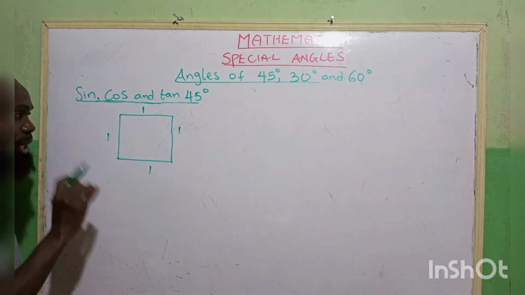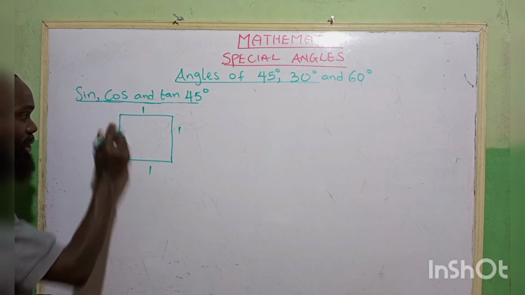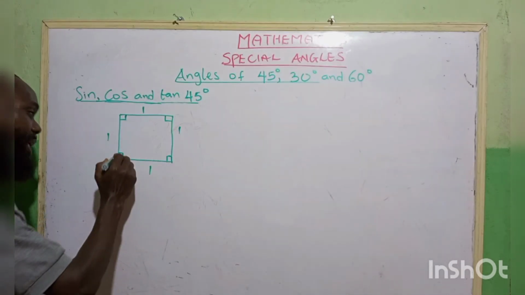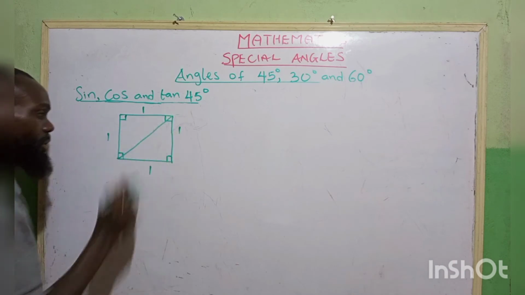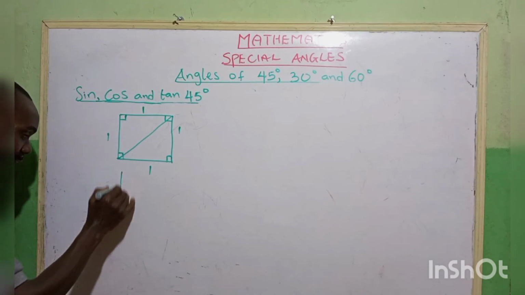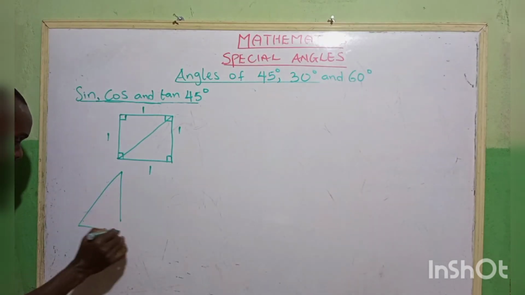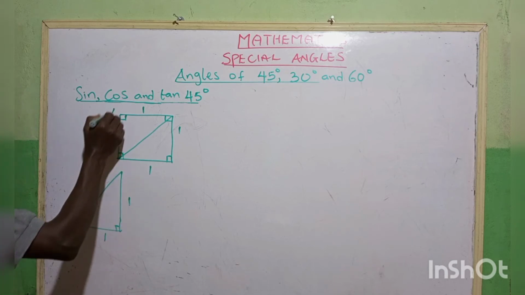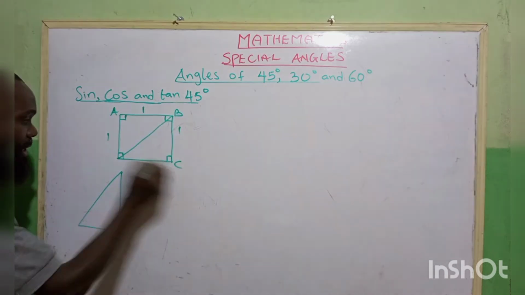And when a vertical meets a horizontal, we have angle 90 degree. So in this case, when we try to divide it, we want to remove a right angle triangle from here. Taking out the right angle triangle this way, 1 and 1. Let's call this A, B, C, D.